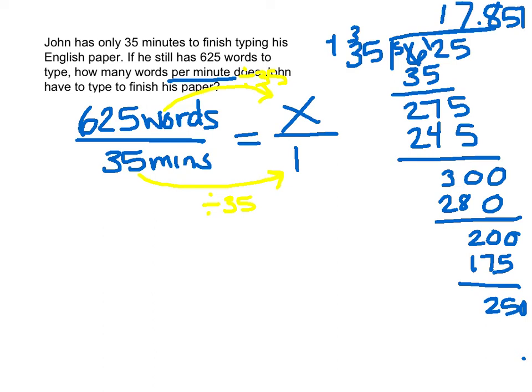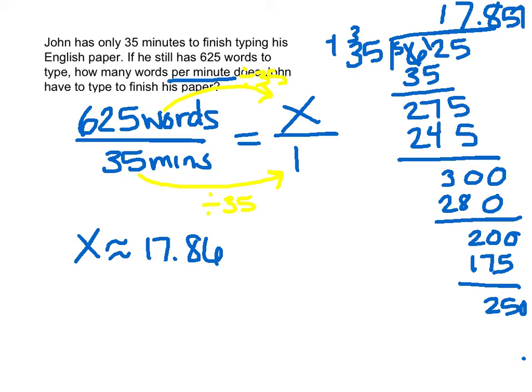Okay, and remember, when we're taking it out to decimals, we always take it out to the thousandths place and round to the hundredths. So this is really x is about 17.86 because we had 17.857. So the 7 makes the 5 round up to the 6. So it's about 17.86.